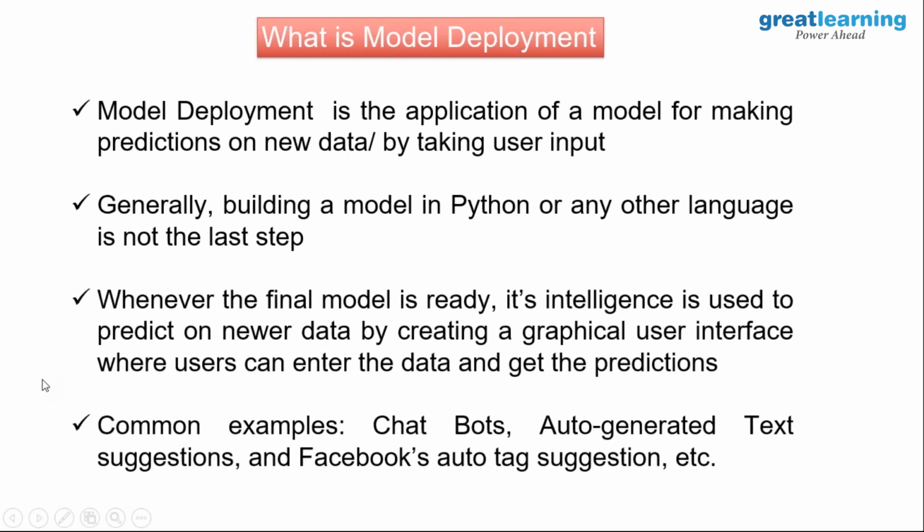Now, what really is done as far as model deployment is concerned, what we require is a graphical user interface, right? Now, this graphical user interface could be developed either using a platform like Java or .NET or any other platform which an organization already has, or it could be built by using simple HTML pages.